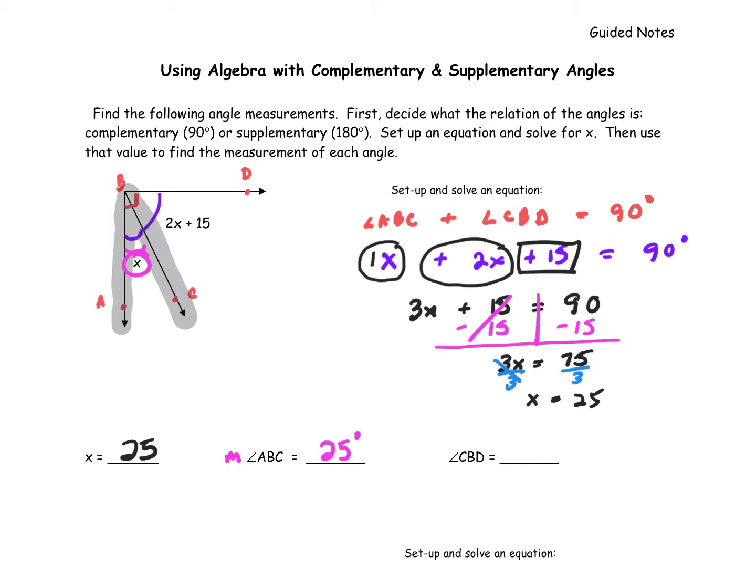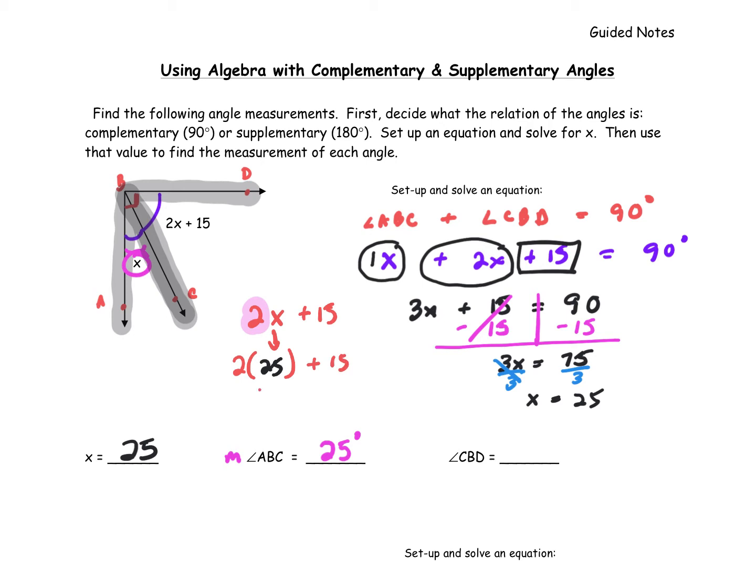And now if we trace C to B to D, they've given us 2x plus 15, and we know that x is 25. So we can take 2 times 25, and then add to that 15.